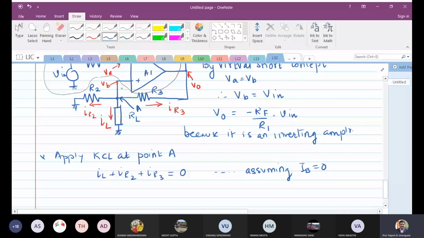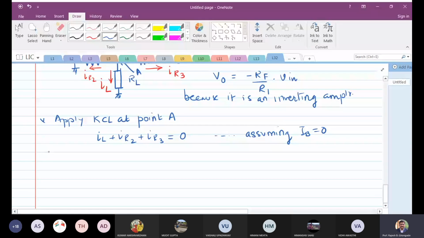This current will be 0. Isn't it? Okay. So therefore I can write IL as minus of IR2 plus IR3.